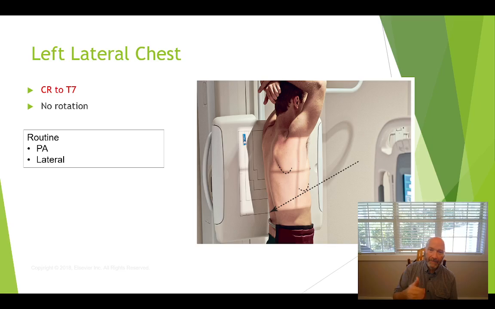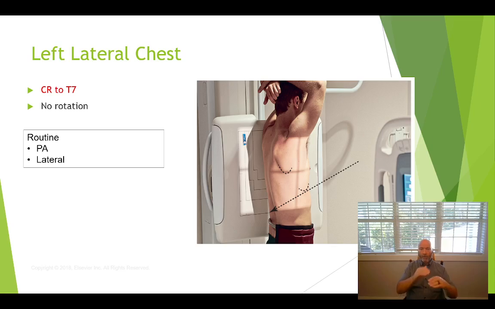One is less magnification of the heart. We're going to shoot at 72 inches to further reduce that. Also at 72 inches, the divergence of the central ray is not as great. But also what it's going to do is it's going to take that right hemidiaphragm and project it down almost directly onto the left hemidiaphragm.